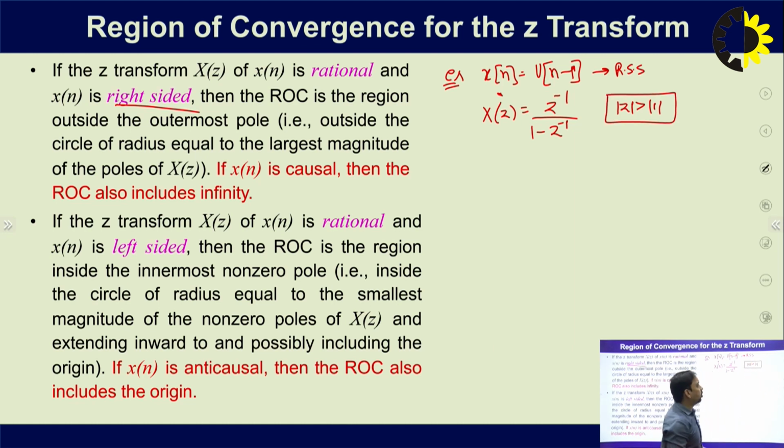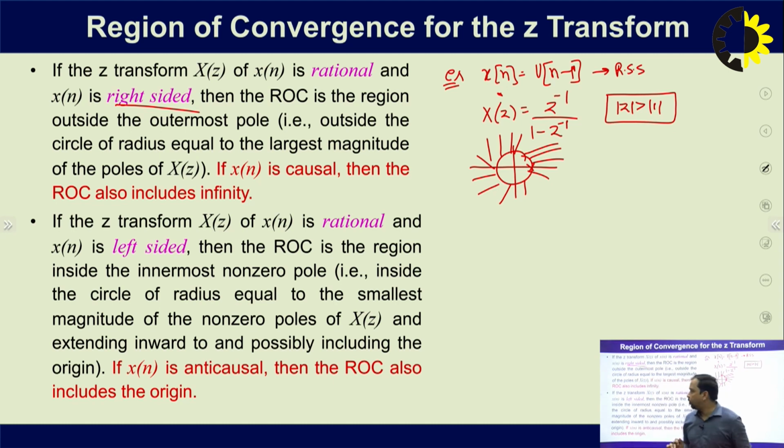If we plot the ROC, this is mod 1 and the region which is greater than 1 is a part of the ROC. Now we need to see what happens at z equal to infinity. Does the Z transform converge or not? If we put z equal to infinity, naturally 1 by infinity is 0. So definitely the ROC contains z equal to infinity. The same is written here: if x[n] is causal, then the ROC also includes infinity. This is causal basically.